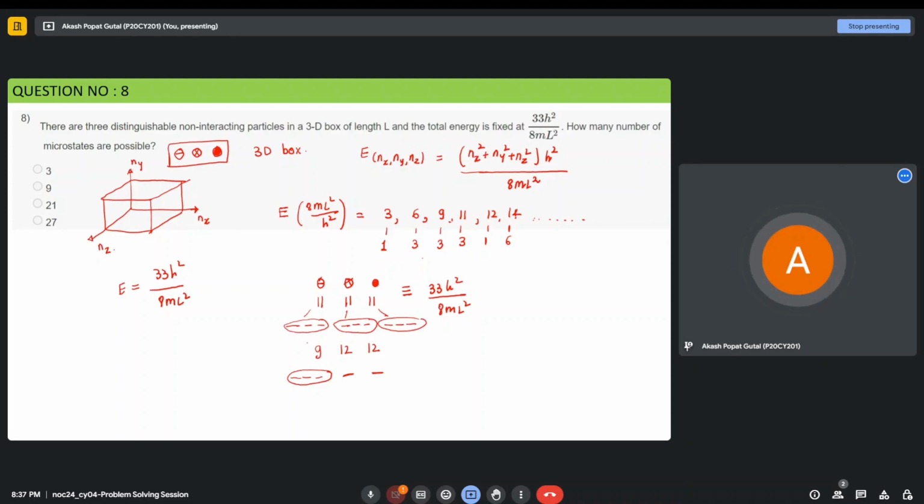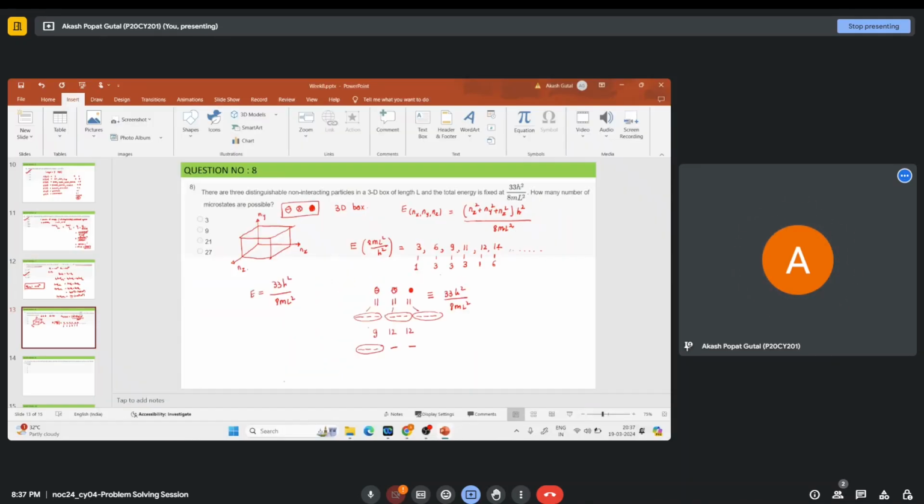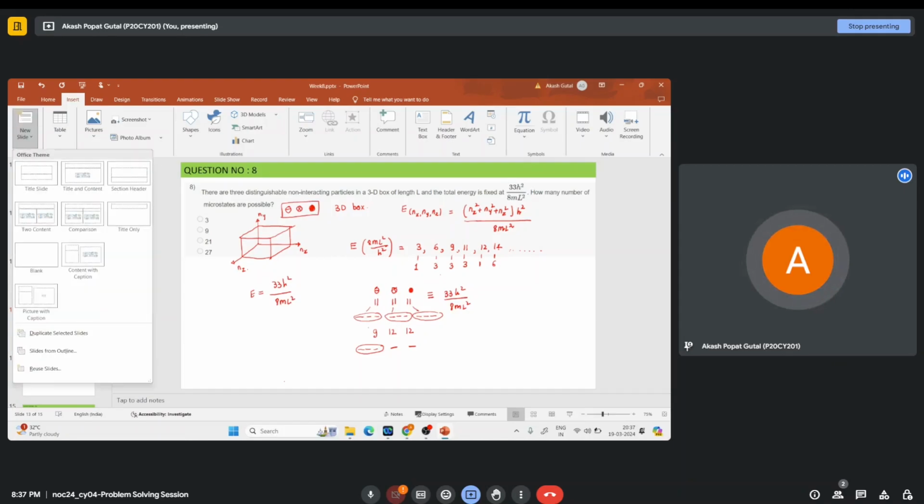So we can draw the diagram, that will be more clear to you. Let me add one more slide.